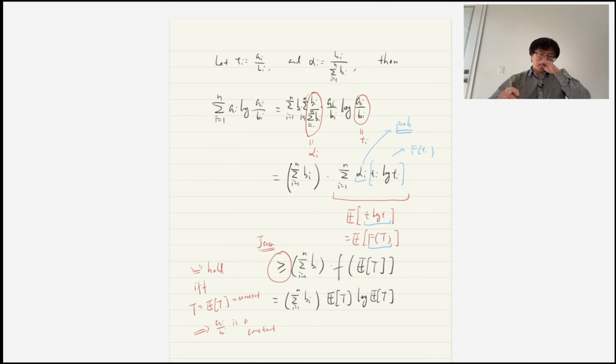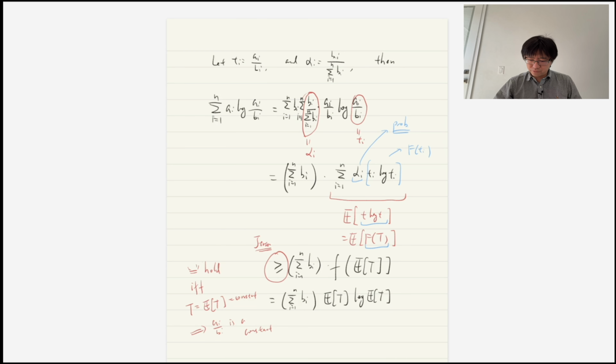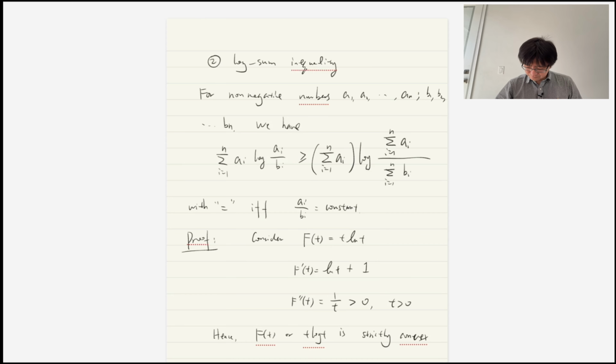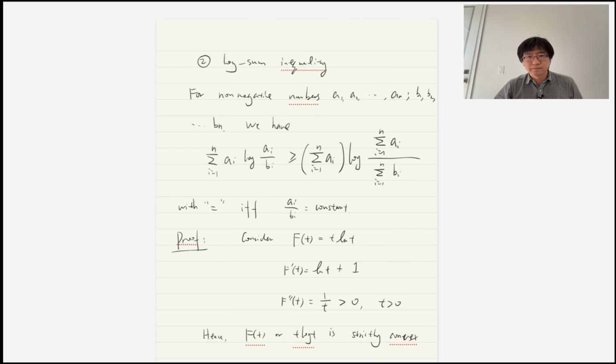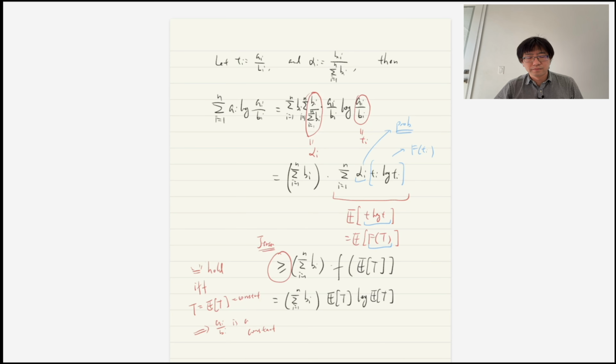Any other questions? Just stop me anytime if you have a question. It's kind of confusing. I have one more question. You're saying the equality is the case when f is strictly convex, and that when a over b is constant, f of x is strictly convex.